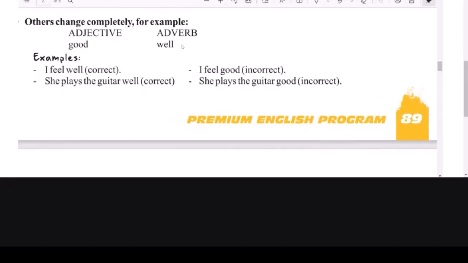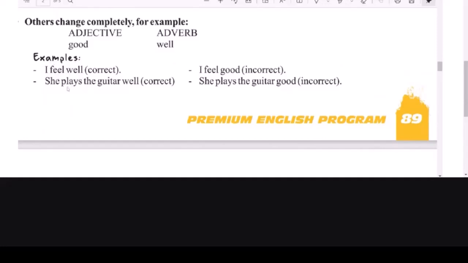When they ask you a question, "How are you?" your answer is, "I am well." That's formal. If you say, "I am good," that's not technically correct, even though I understand. In informal English, yes, we can say that. "I feel good," that's okay in informal English, right? But really, it should be, "I feel well," because it's talking about feeling, the verb, right?